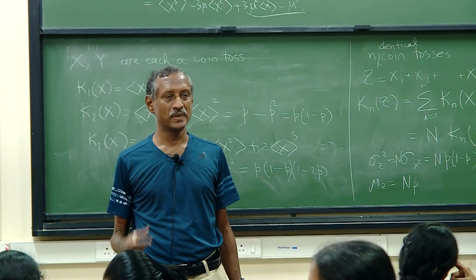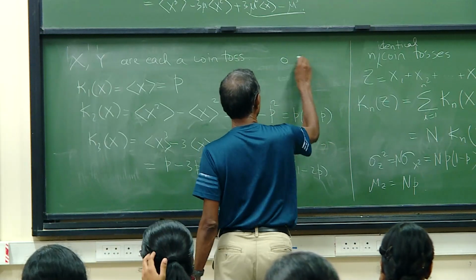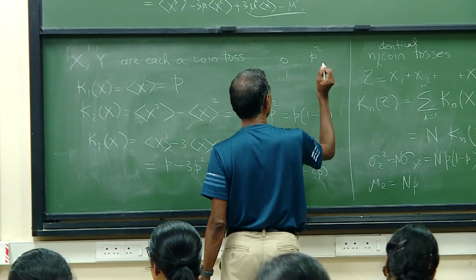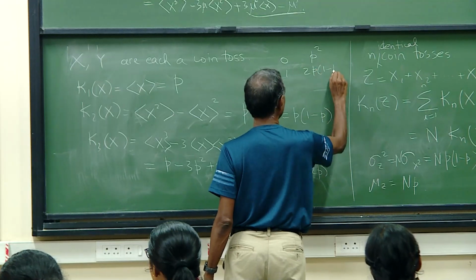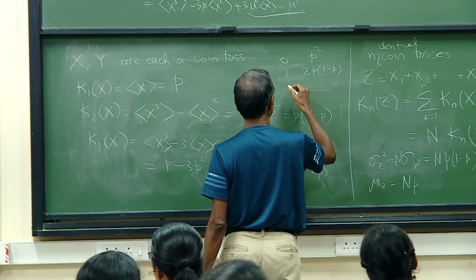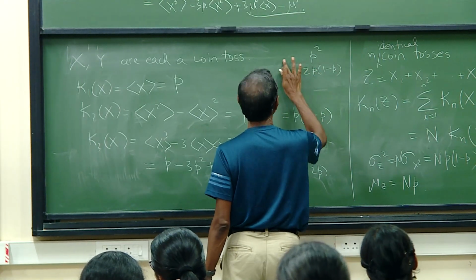So for a single coin toss, taking X or Y, it was easy to compute the expectation. But when it comes to 0, 1, 2, we assume 2 variables. You can forget about Z and do it with one variable, right? So the probability of getting 0 will be p square. Probability of getting this will be 2p into 1 minus p.